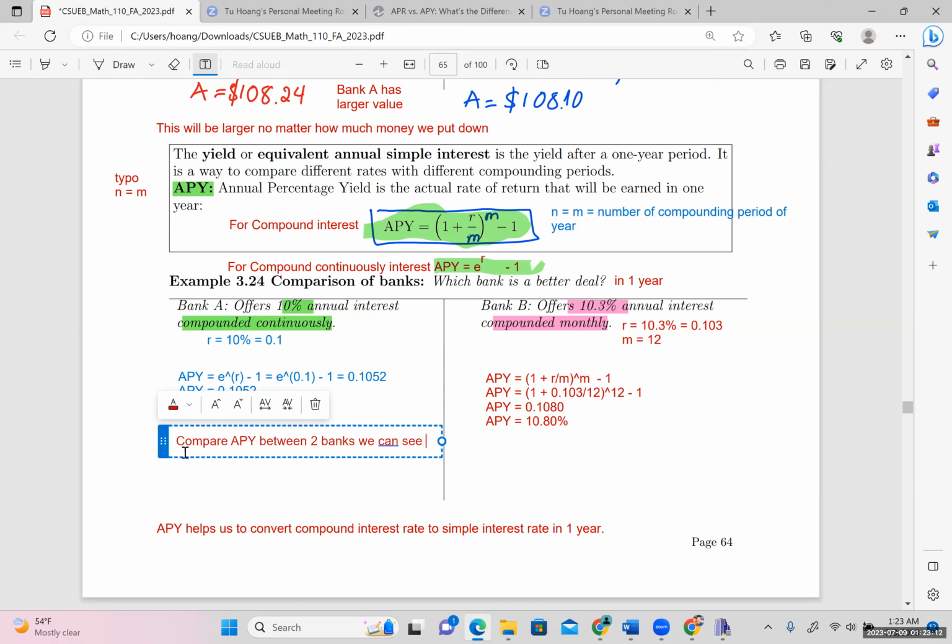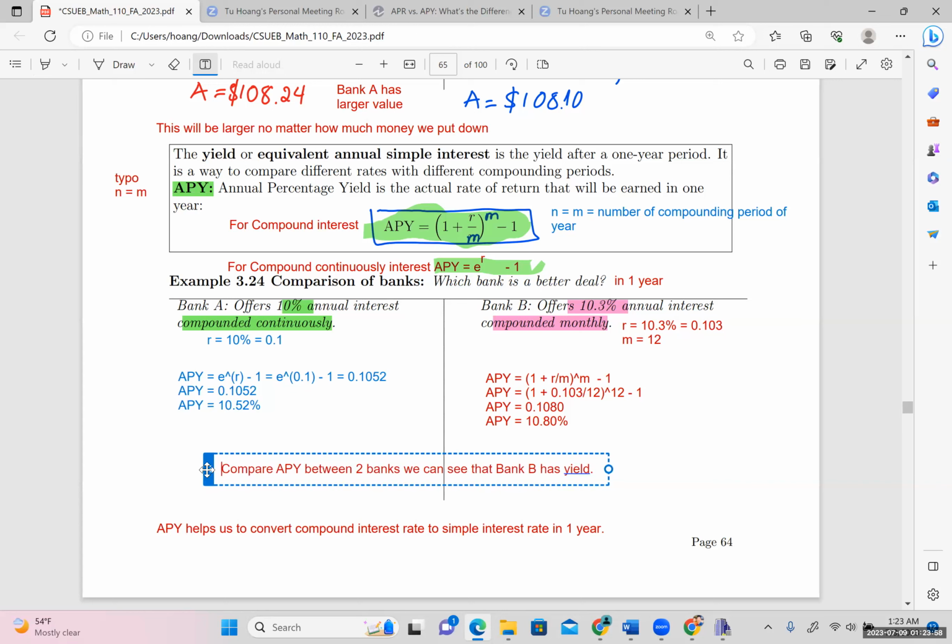We can see that bank B has a better APY, or better yield. I'd like to put this over here and make it green, right?